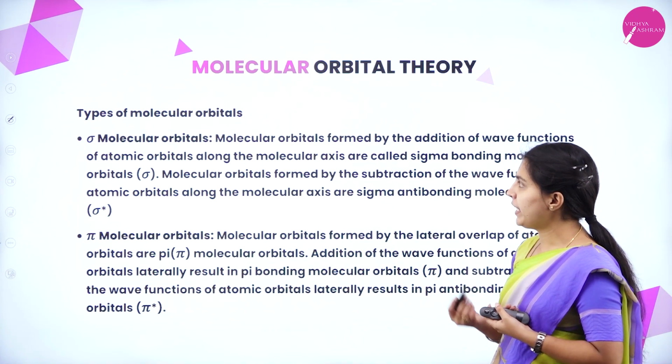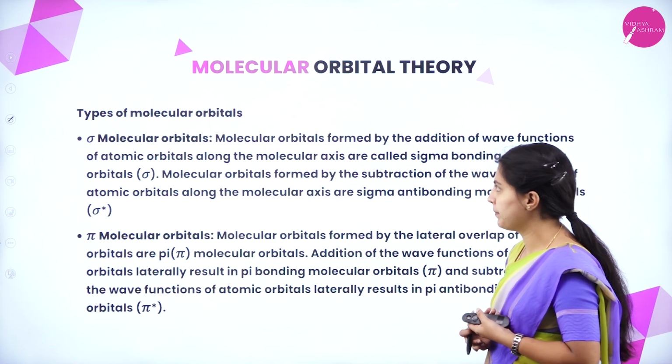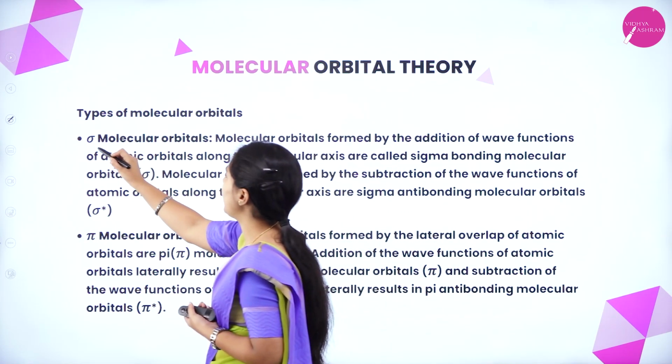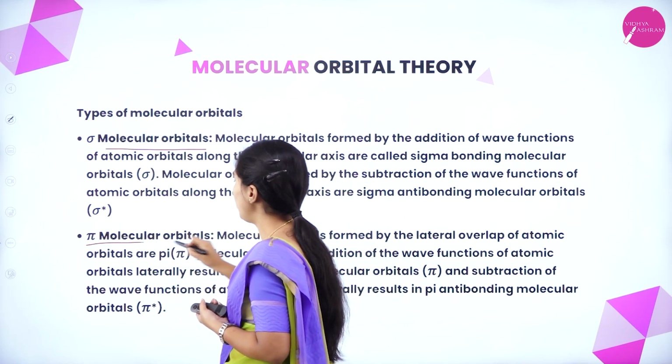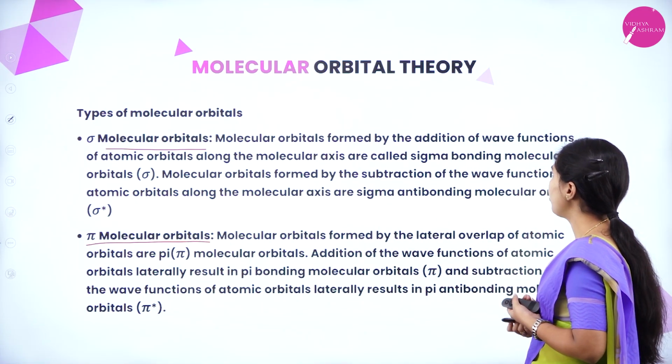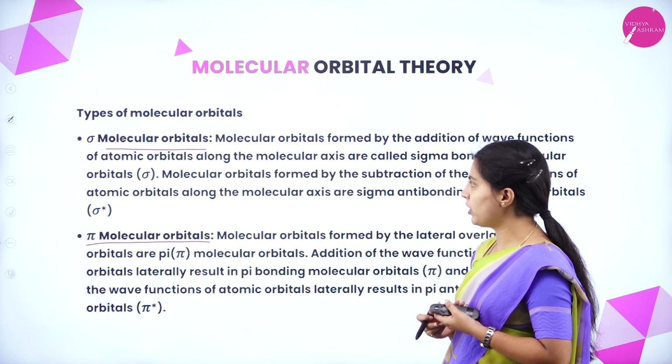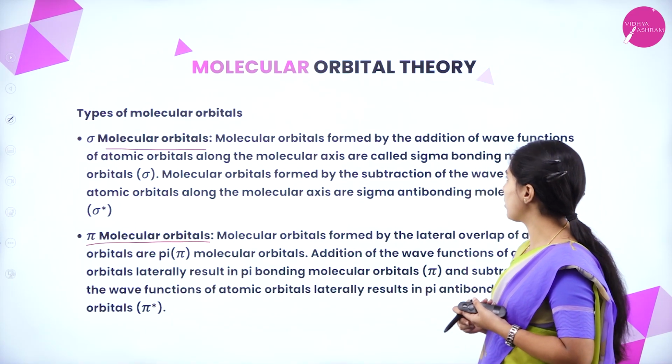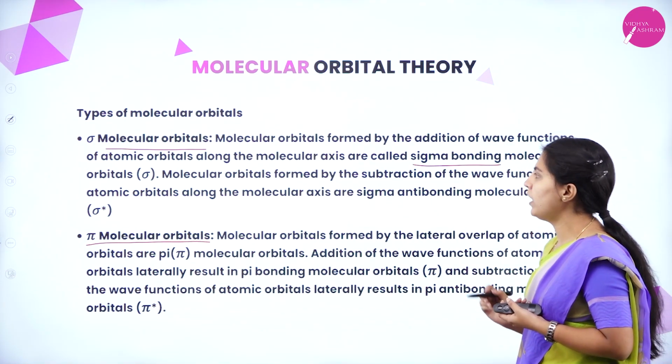Next one, types of molecular orbitals. We know sigma molecular orbitals are present and pi molecular orbitals are also present. Molecular orbitals formed by the addition of wave functions of atomic orbitals along the molecular axis are called sigma bonding molecular orbitals.